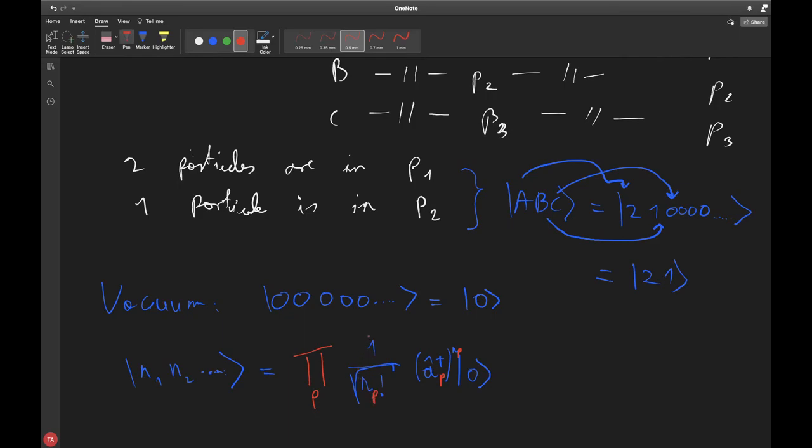So again, we are building up particles from vacuum using these creation operators. We could also destroy some, but for now we are just creating a state with the creation operators and annihilation operators, and we create them in slots of different momentums. So that's all for the occupation number representation.